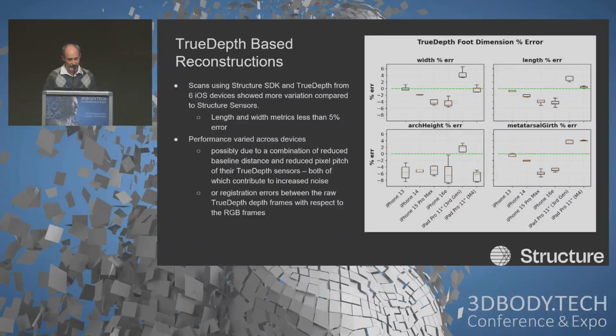If you look only at TrueDepth-based reconstructions, you can see variation from device to device. So you see that some devices are better than others. iPhone 16, for example, more noise. We do know that across different generations of iPhones, we have variations in the baseline distance between the projector and the IR camera. We see Apple reducing the pixel pitch in their IR camera. We also see a variation from iOS to iOS.